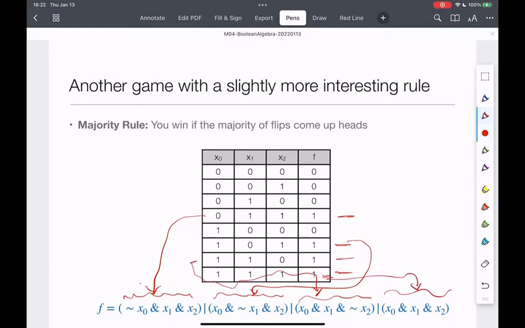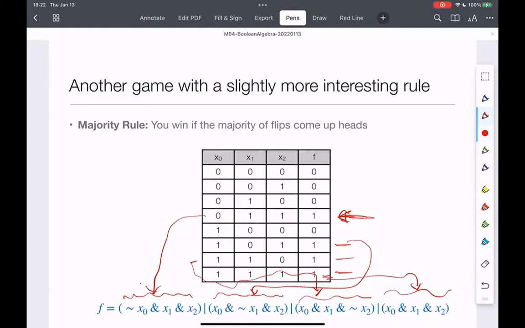Literally what you can do is take a look at each row and create a case for it, and those cases are going to be ORed up. Each case basically says, like if I look at this case, output is 1 if x0 is 0 and x1 is 1 and x2 is 1.